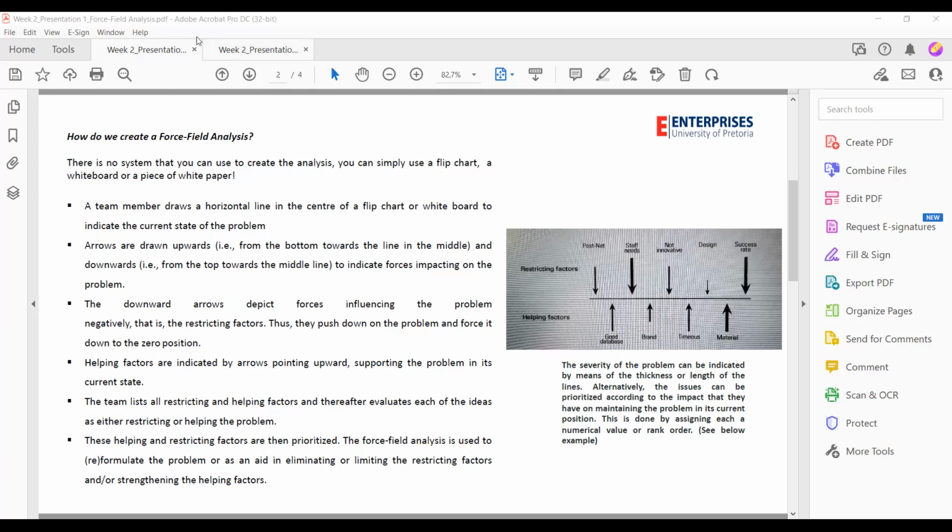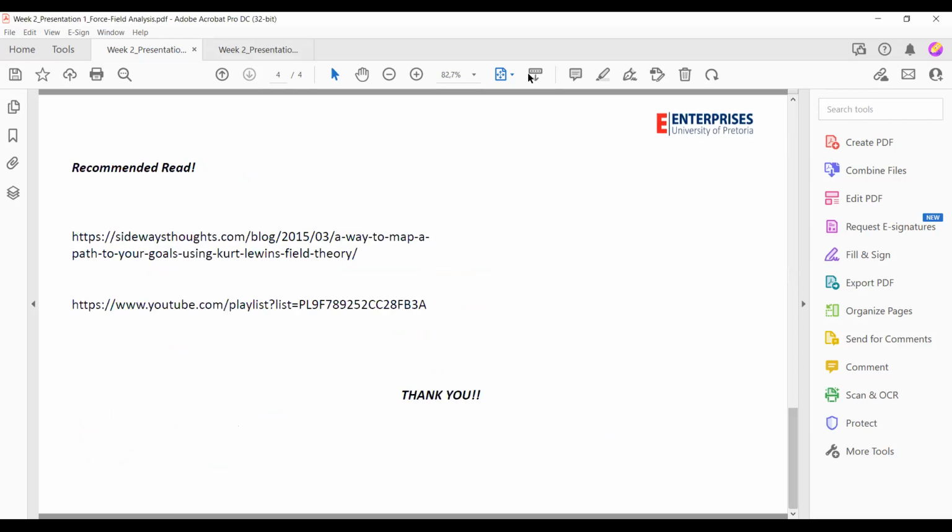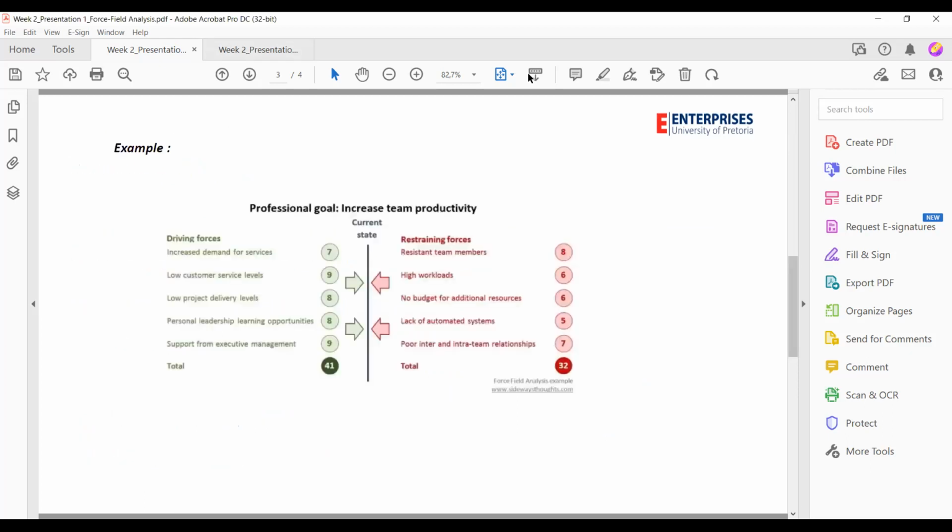Okay. Thanks, Londiwe. May we please go back to your last page? I just wanted to understand here. The one of the example. So the green means, do the colors mean anything? No, the colors don't mean anything. It's only the numbers.